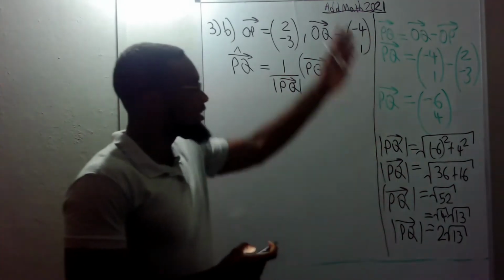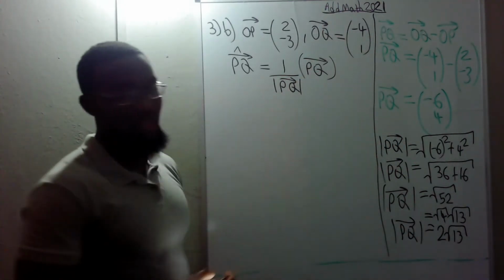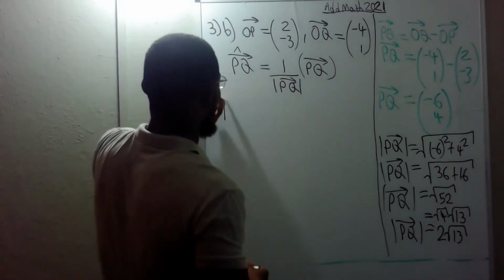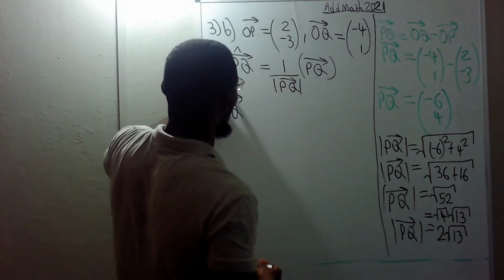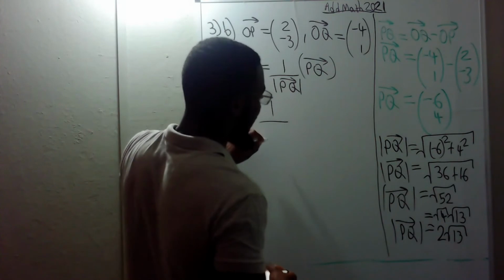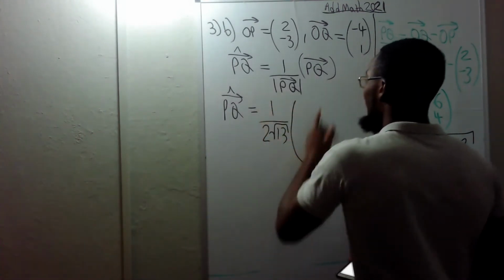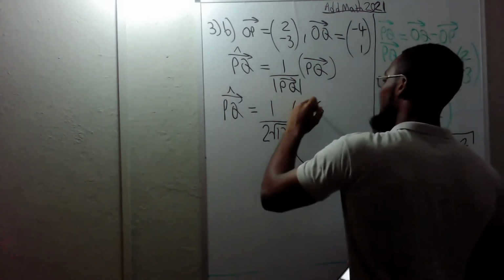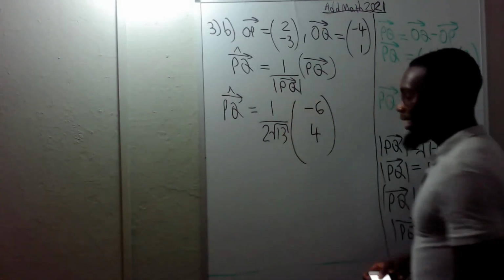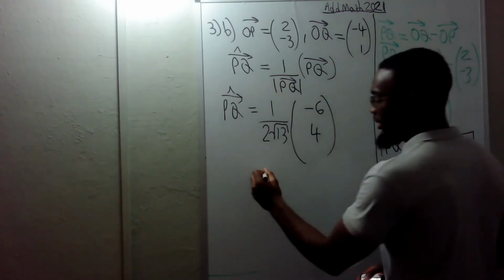Now that we have the side working over there, we can find the unit vector. So the unit vector now, guys, is just 1 over the magnitude, 1 over 2 root 13, multiplied by vector PQ, which is (negative 6, 4). Now guys, you have to simplify.